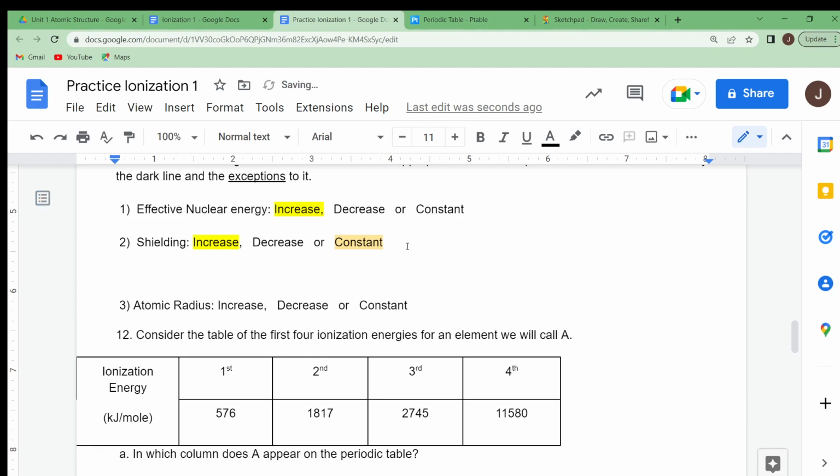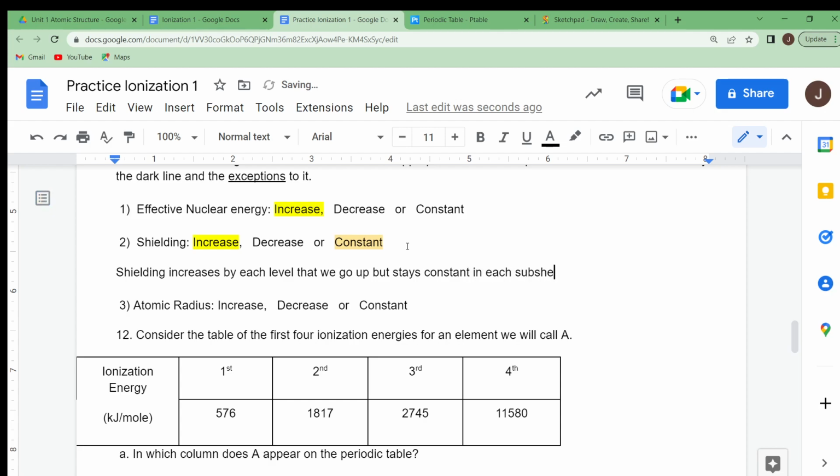And so we want to explain that, in general, shielding increases by each level that we go up, but stays constant in each subshell.